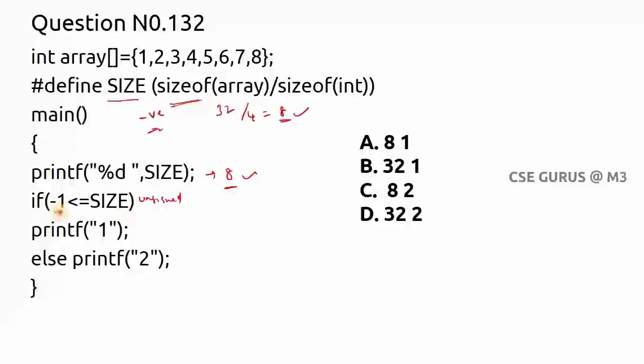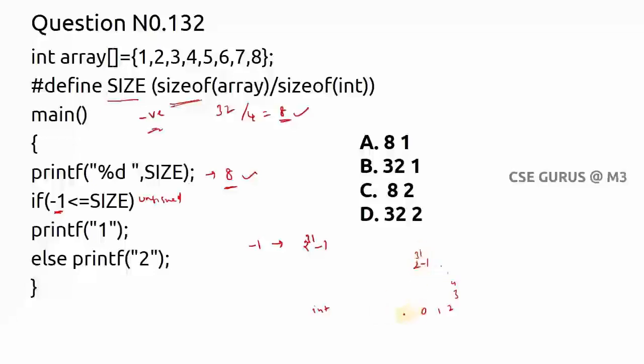You are checking with minus 1, which is a signed integer. So that's why this if condition executes like this: minus 1 also gets converted into unsigned integer. So what is the value if I convert minus 1 into unsigned integer? It is 2 power 32 minus 1. How? If it is signed integer, the values are 0, 1, 2, 3, 4, 5, like this up to 2 power 31 minus 1.